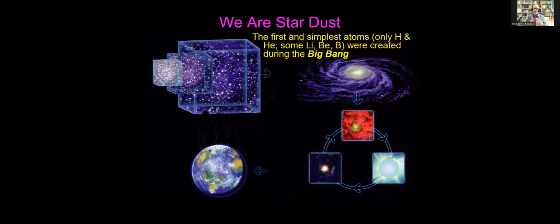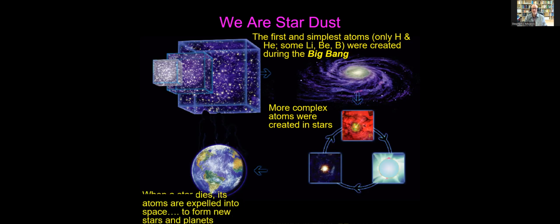These were created during the Big Bang, the cosmogenic nucleosynthesis at the beginning of time. More complex atoms were created in stars. So heavier atoms with more protons and neutrons in their nucleus went into making elements that go into planet formation and biological formation. Things like sulfur, phosphorus, oxygen, nitrogen, carbon, hydrogen, iron, etc.